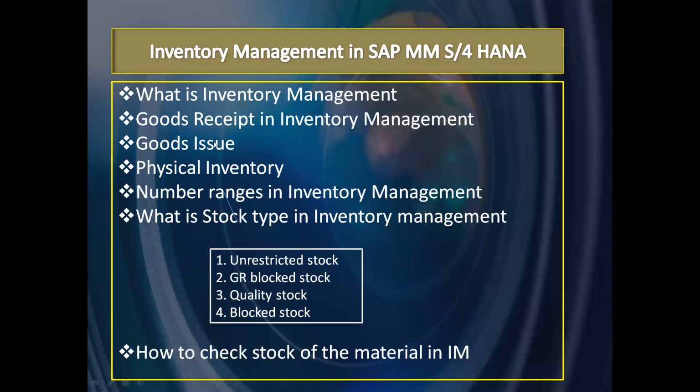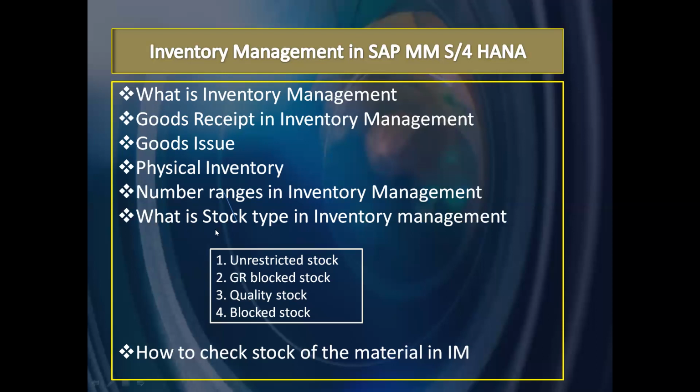But in inventory management, number ranges will be year dependent. That means additionally, now when we will create a number range for inventory management, either for goods received, goods issue, or physical inventory, for anything, whenever we will create the number range, additionally a new column will be added for year. That means for which year the number ranges are going to create in the system.